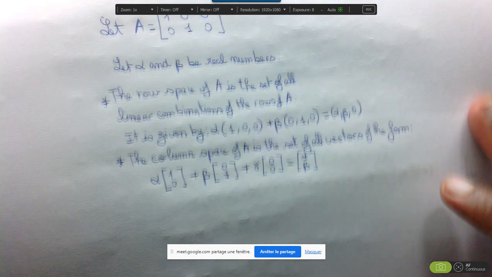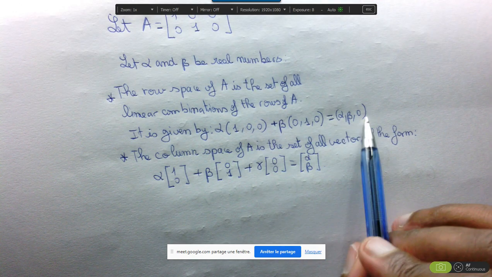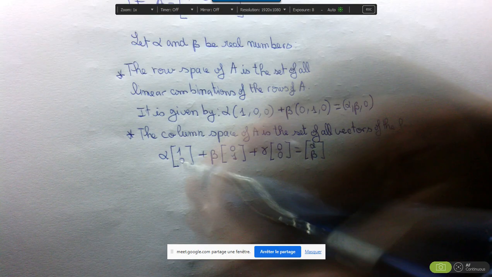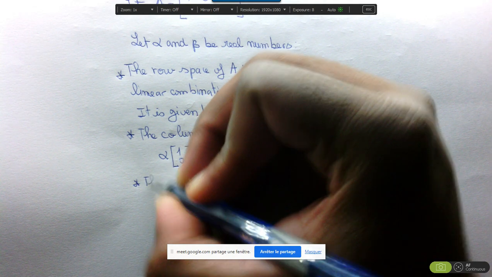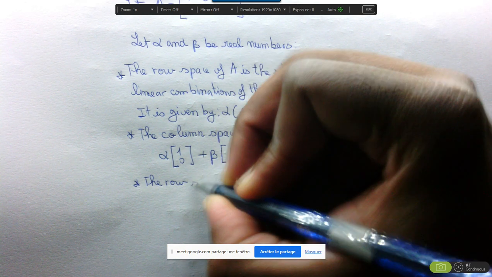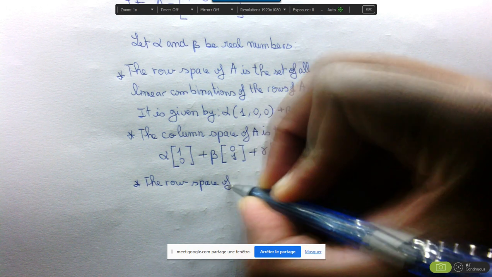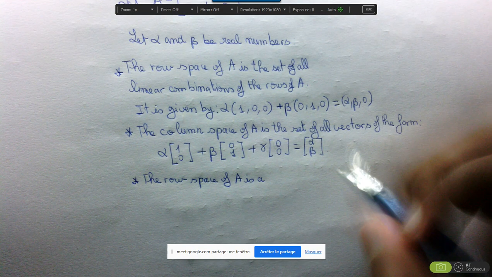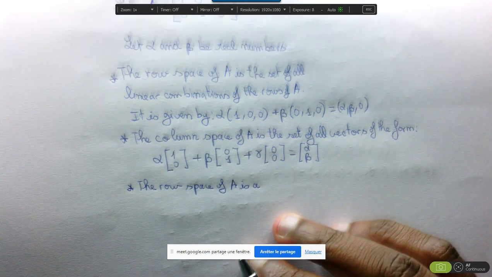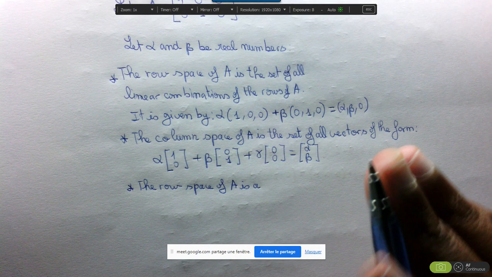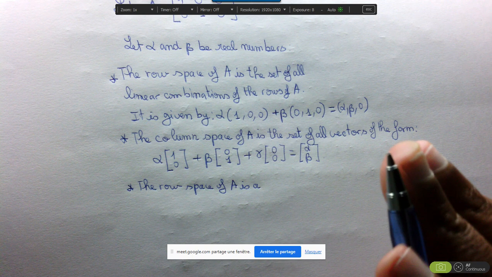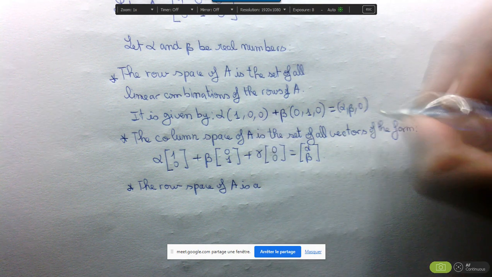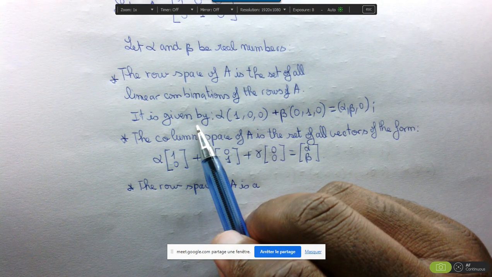So here we can see that the row space of A is a two-dimensional subspace. What do we mean by a two-dimensional subspace? I said that I can write it in terms of a set, because this represents the set of all linear combinations of the rows.